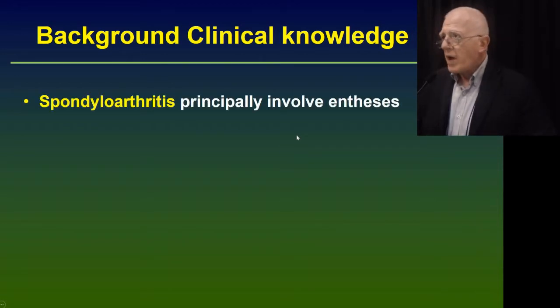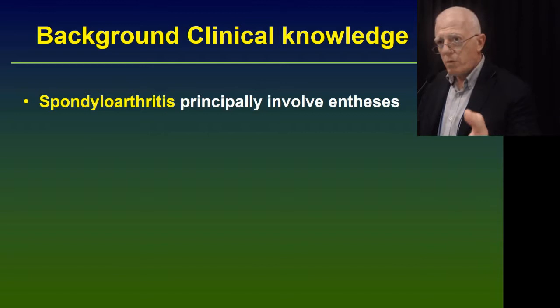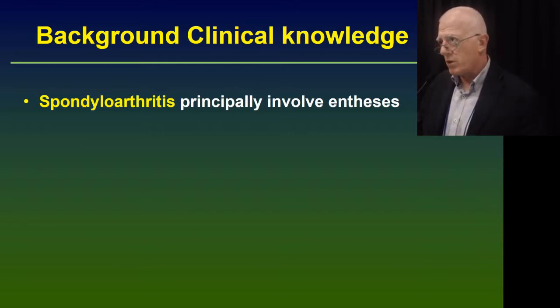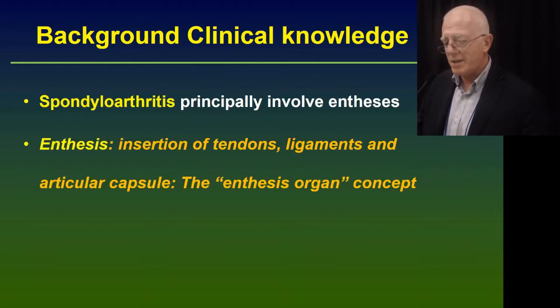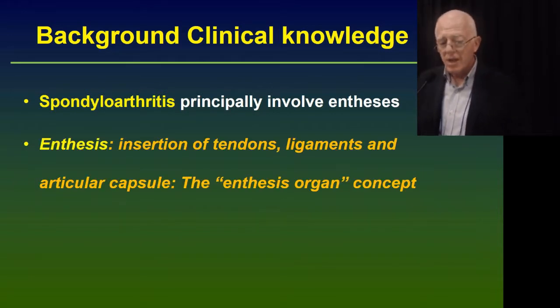So spondyloarthritis principally involves the enthesis, in contrast to inflammatory arthritis, which I suppose will be addressed later in the next lecture, which involves the synovium. And what is enthesis? How do we define enthesis?